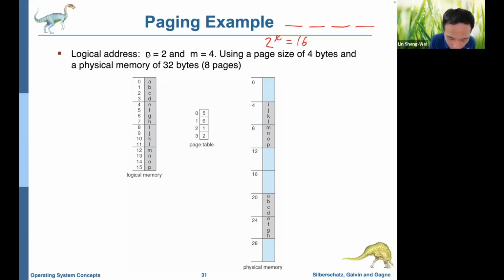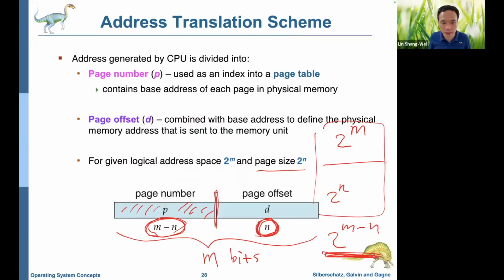Then we say that n would be 2. N is the page size. Once n is decided, you already know the page size. It will be 2 to the power of n.